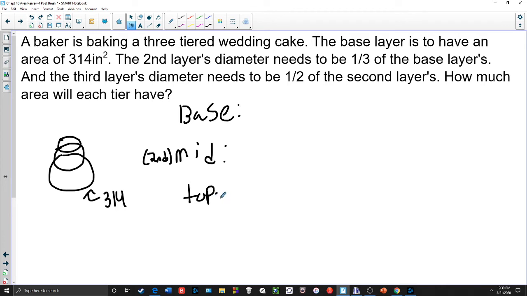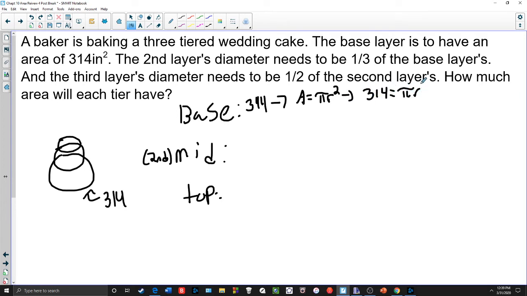In order to know the areas, I need to know the radius of each. The base area is 314. It says for the middle layer, the diameter should be a third of the base's diameter. How do I get the base's diameter? If I know the area, I can go back to my formula: area equals pi r squared. So 314 is my area.